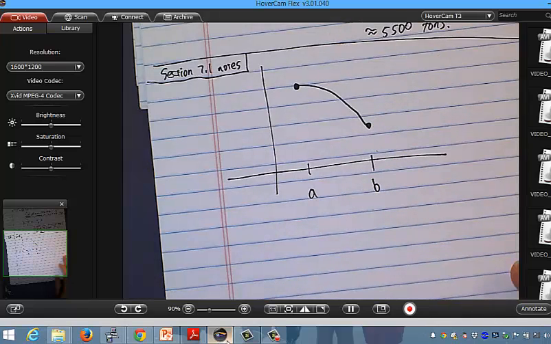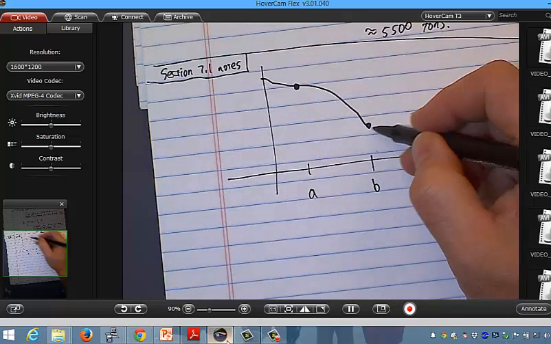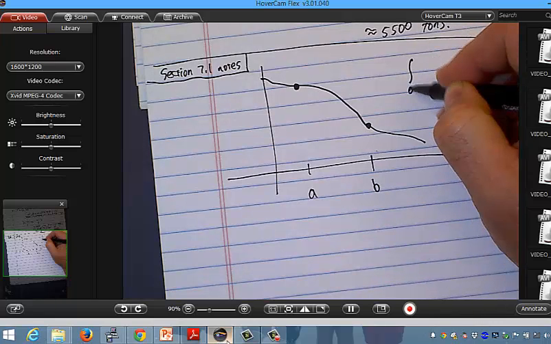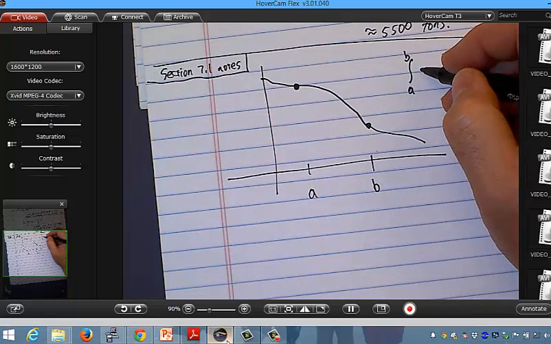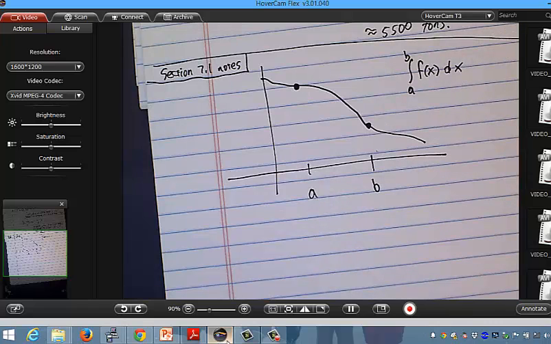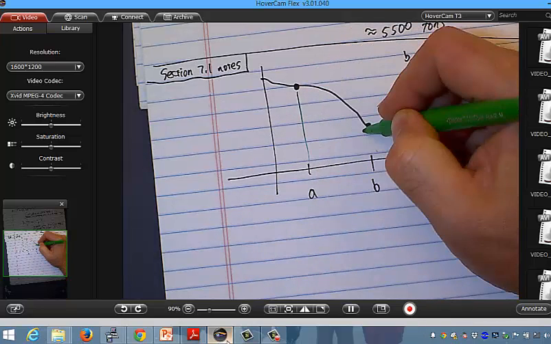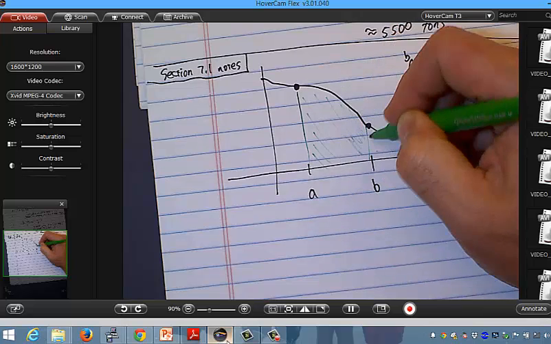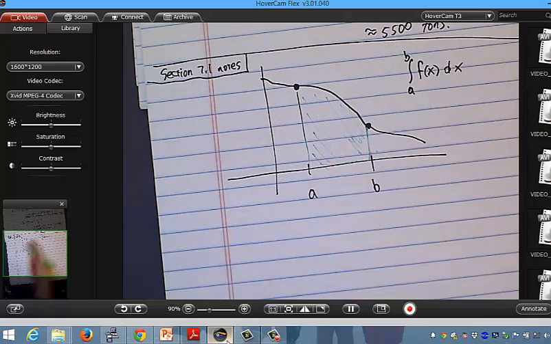Fine. You know, maybe it keeps going, I don't know. But when I say draw a picture of this, what I hope you're doing is you're, well, drawing this area. For whatever your function looks like, right? Your function may look a little different.